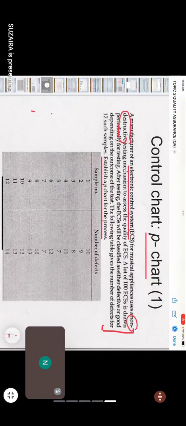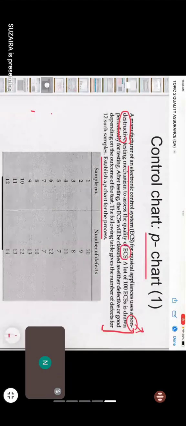Can you use it back, or is it considered that you cannot use the sample back? Boleh pakai balik ke? Boleh terus buang ke apa? Non-destructive means boleh pakai balik. Okay, so you can take back the samples. Non-destructive testing to assess the quality of ECS. ECS is electronic control system.